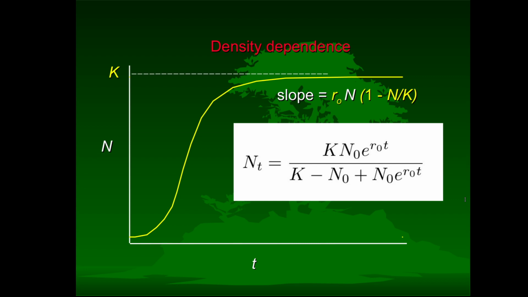All right, so why do we have a sigmoid curve again? Well, because of density dependence. There are factors in the environment that influence fitness depending on density, and those are called density dependent factors. Those are any resource that is consumed at higher total rates at higher population densities.